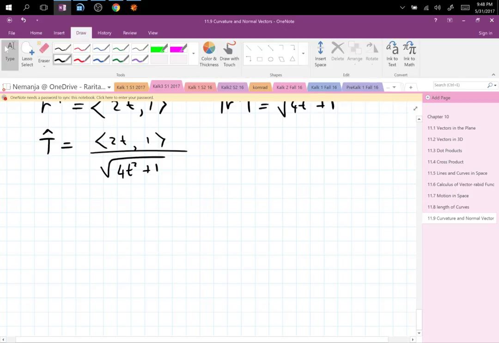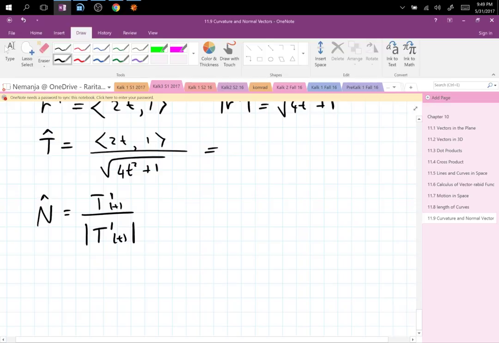So for our normal vector, we are supposed to take the derivative of T and divide that by the magnitude of the derivative of T. That means that we have to find the derivative of this one.